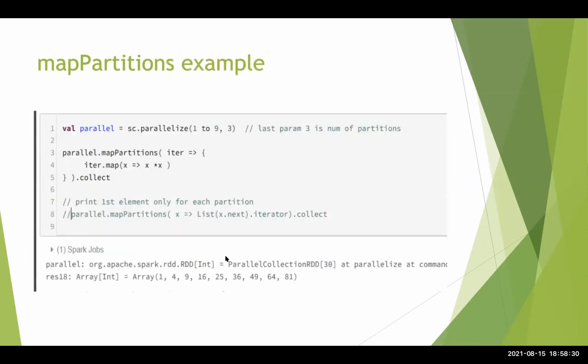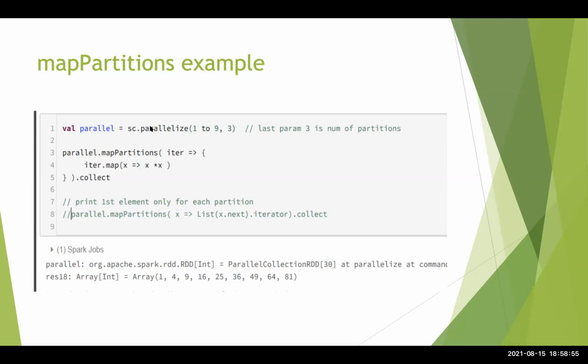Okay. This is one small example of map partition I have written, just to explain how it will work. I am parallelizing integers 1 to 9, and this 3 is the number of partitions I am specifying. So integers 1 to 3 will be in one partition, 4, 5, 6 in the second partition, and 7, 8, 9 in the third partition.